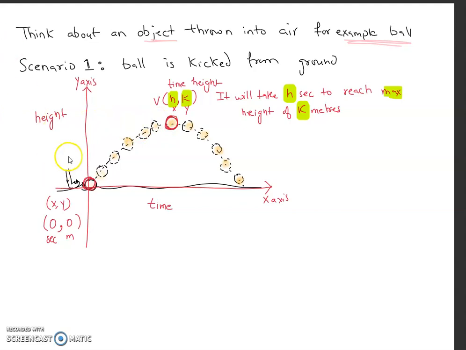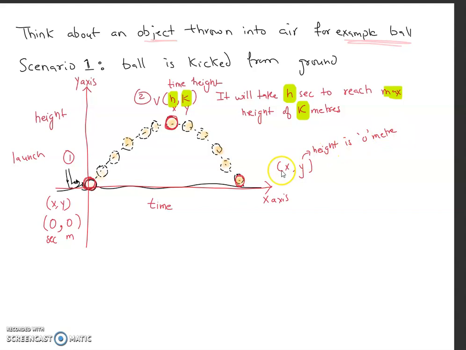I call this the first point, the launch point. This is the second point, the maximum, and the last point is right here when the ball hits the ground. This also has an x and y point, but what does it represent? This is the point when our height comes back to 0 because it's hitting the ground.